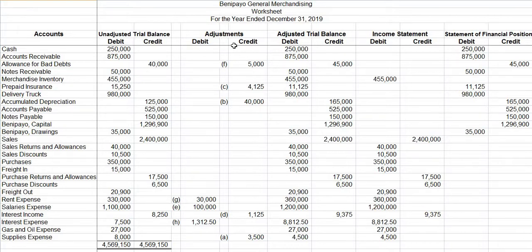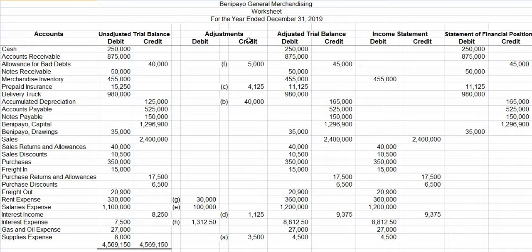Then, on these third and fourth money columns called adjustments, the adjusting entries are placed. For instance, your first adjusting entry is a debit to office supplies and a credit to supplies expense for 3,500.